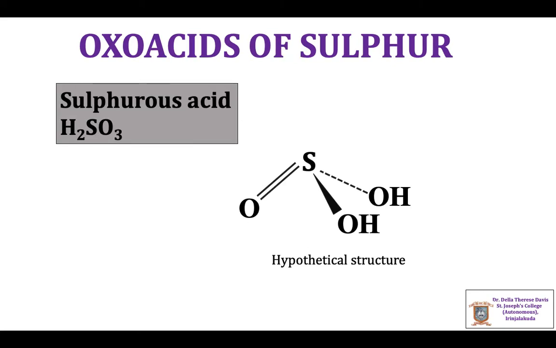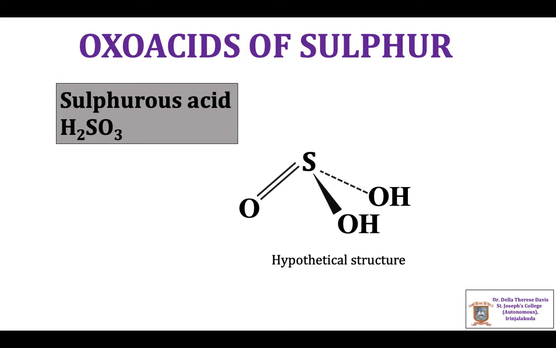The next topic is oxoacids of sulfur. First comes sulfurous acid, H2SO3. An aqueous solution of SO2 is generally called sulfurous acid. But sulfurous acid has never been isolated.